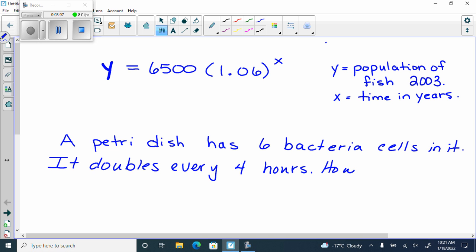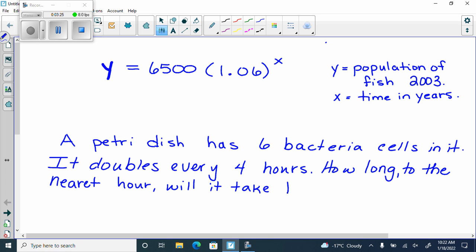How long, to the nearest hour, will it take for there to be at least 20,000 bacteria?